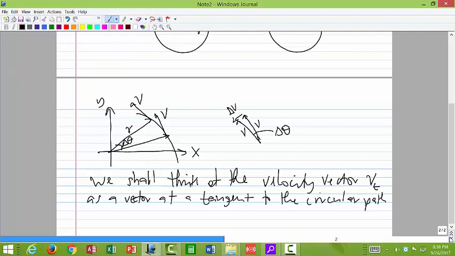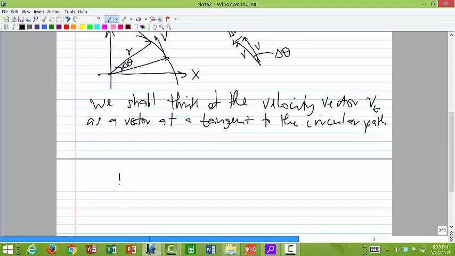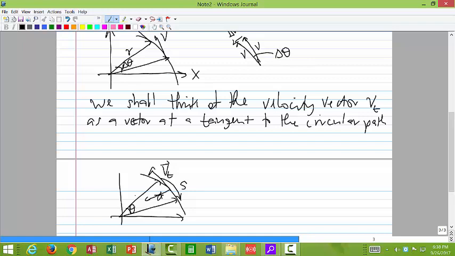Going back to this drawing, here is your acceleration A again, and the length of the arc here is S. This angle is theta, and this is R. We know S is equal to R theta, and ds dt is equal to R d theta dt.